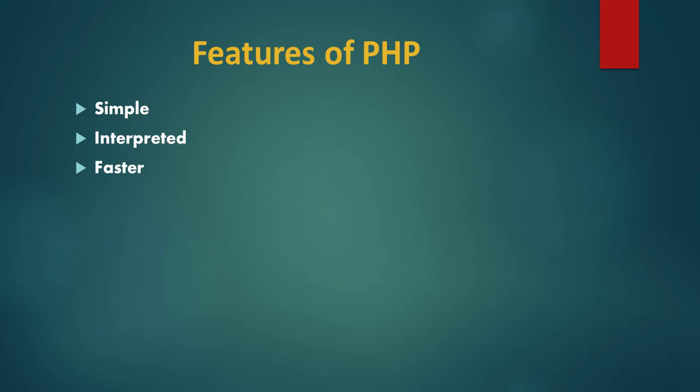It is faster than other scripting languages, for example ASP and JSP. Open source. Open source means no need to pay to use PHP. You can freely download and use it. Platform independent. PHP code can be run on every platform like Linux, Mac OS, Windows, Solaris, etc.